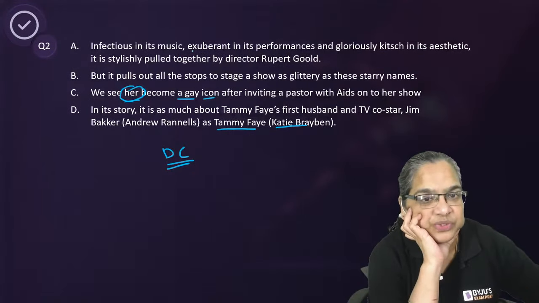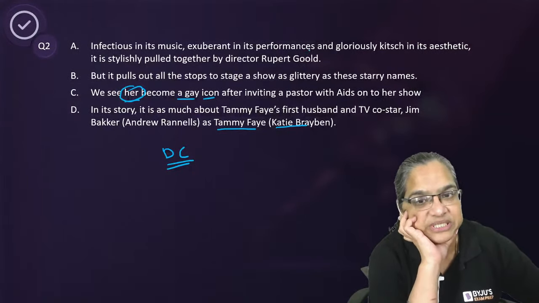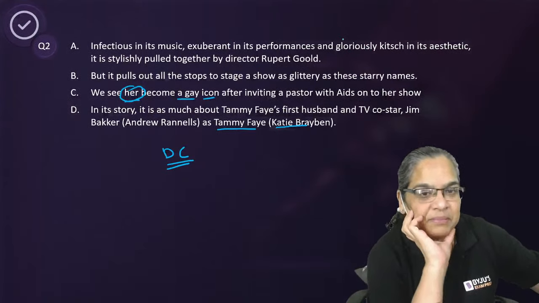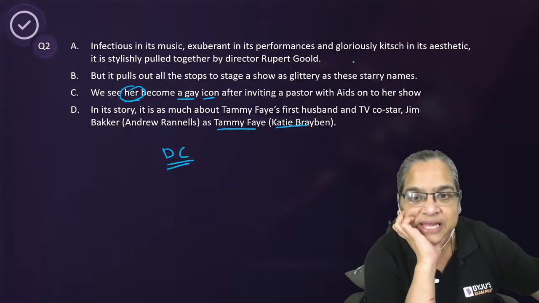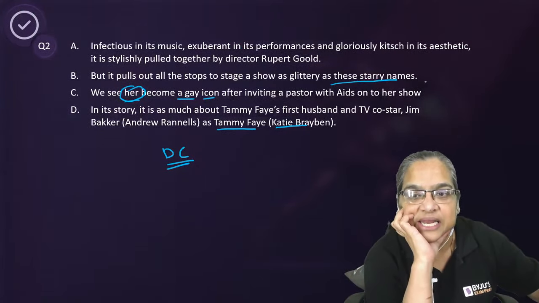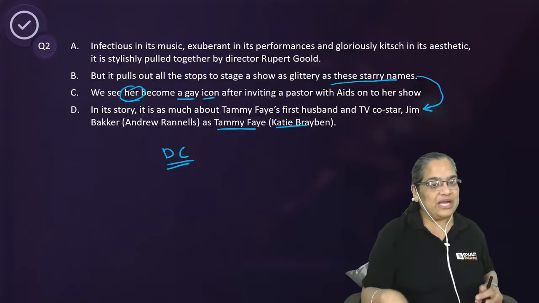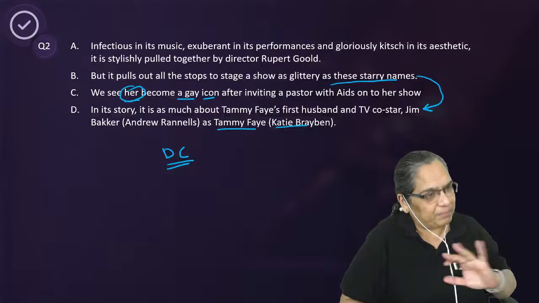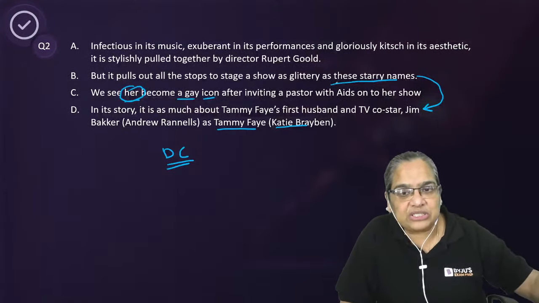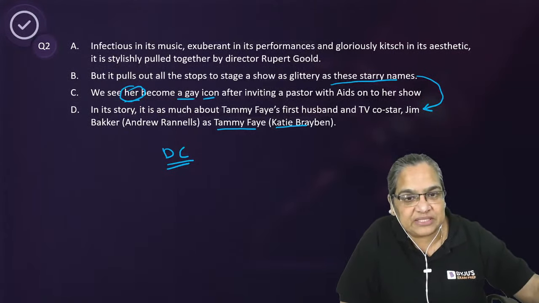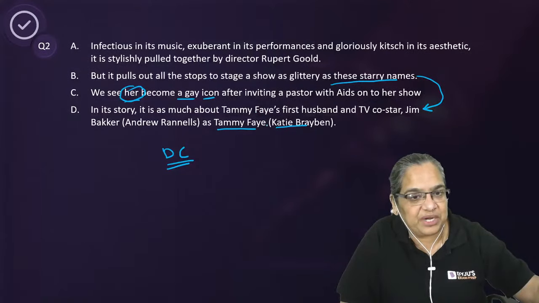Infectious in its music, exuberant in its performances, and glorious. The problem here is you can say that these starry names must be talking about the stars. This is the stereotype we fall into, that DB has to go together. Many of you fell for that, because these starry names must be Tammy Faye, her first husband, whoever.